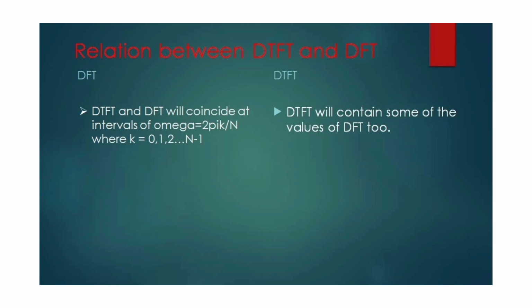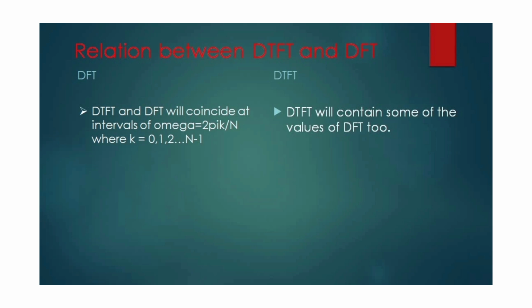Both will coincide when del omega is equal to 2 pi by N. And the DTFT will give a smooth curve of spectrum, whereas in DFT you will have only selected points on that curve. It is a sampled version, right?